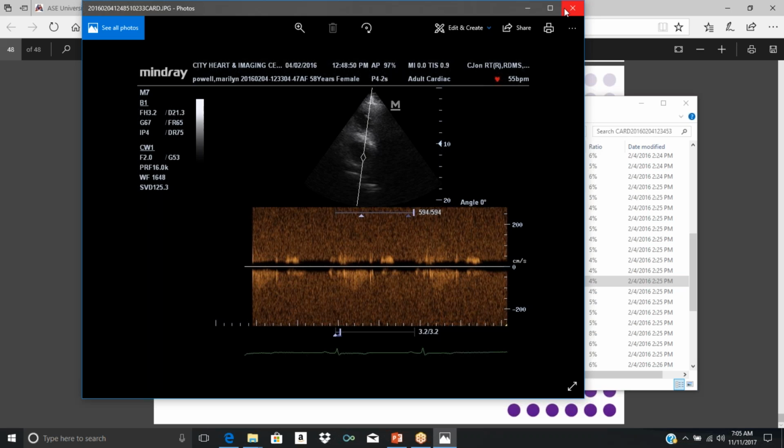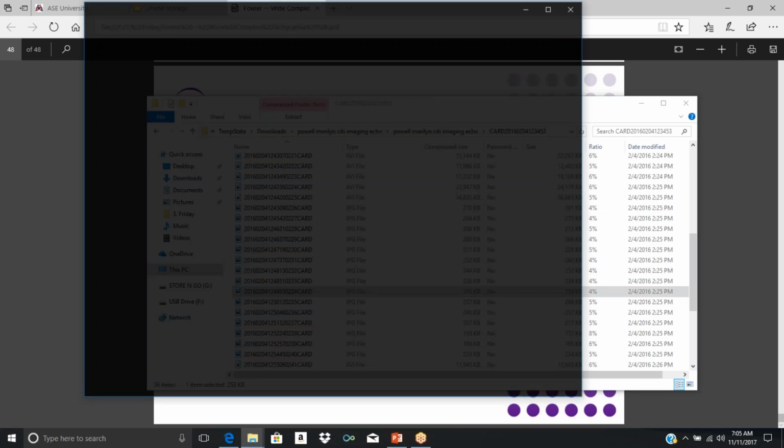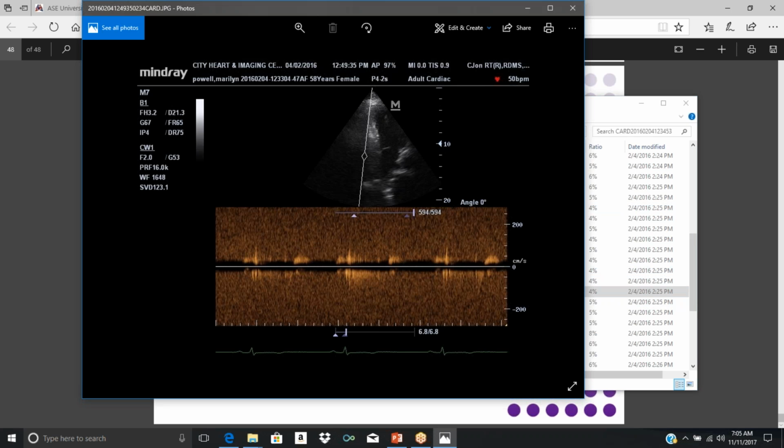You have to know what flow you're going to use PW for, and what flow you're going to use CW for, high velocity flow. If you're looking for, say, a stenotic valve or a regurgitation, those are large flows, so you need CW.